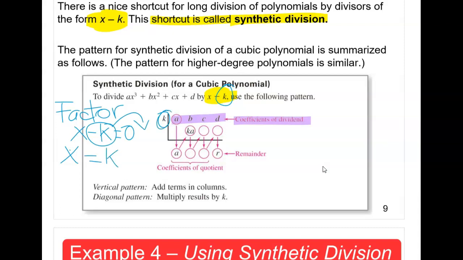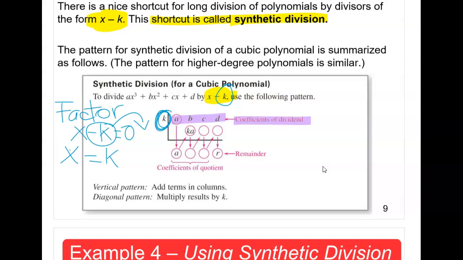And so that's why we put a k here, positive. Doing that guarantees we'll make fewer mistakes because we will not have to be changing signs or subtracting. So it's a lot easier.